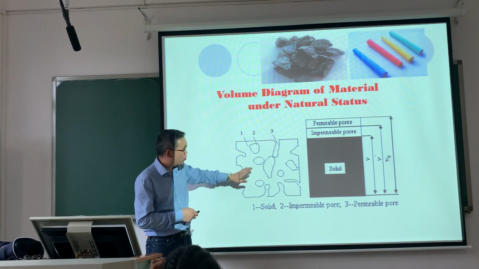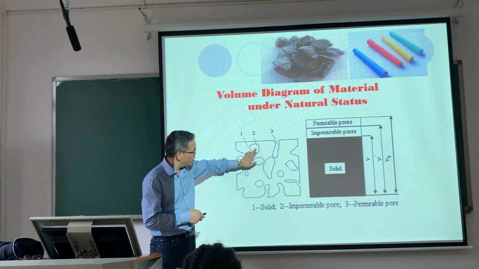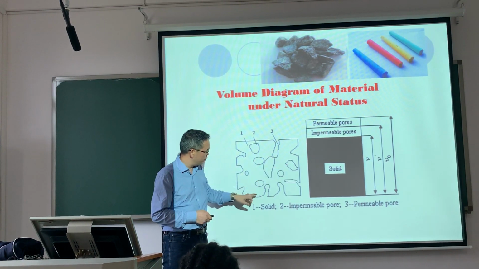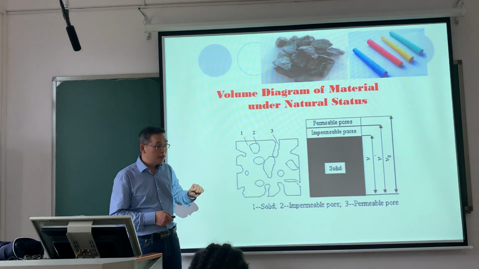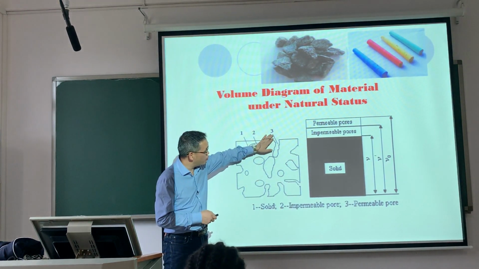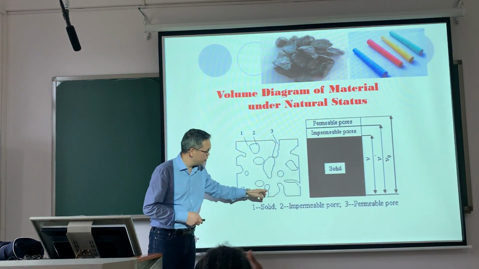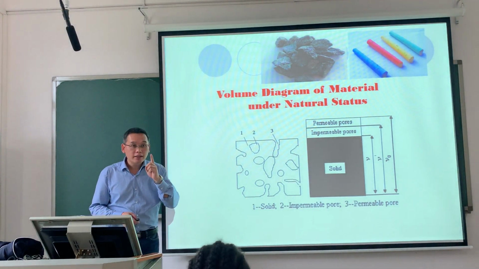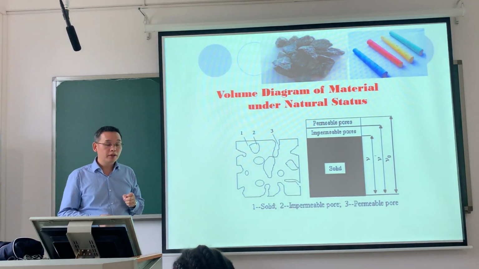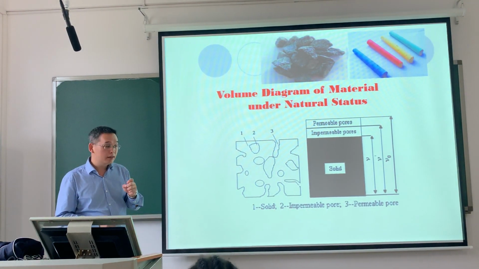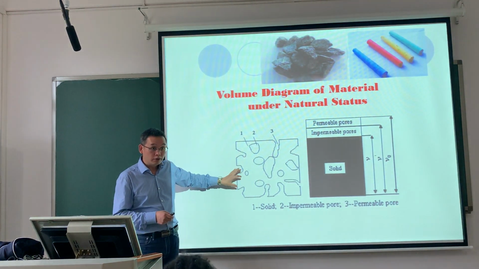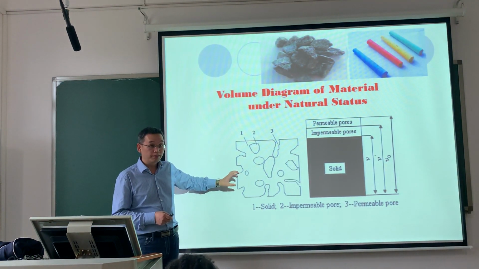What is the impermeable pore? This one, this one, this one. And then there is the permeable pore. This one, this one, this one. So for any kind of material in natural state, it consists of three parts of the volume.